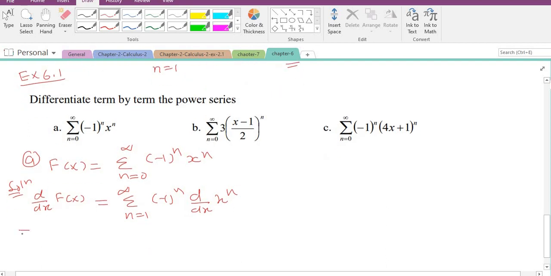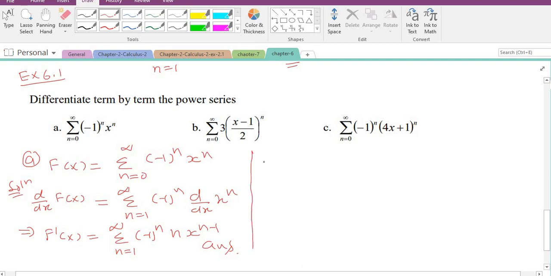Differentiation of that one is f'(x) equal to the summation from 1 to infinity of (-1)^n times n x^(n-1). This is the answer of part A.